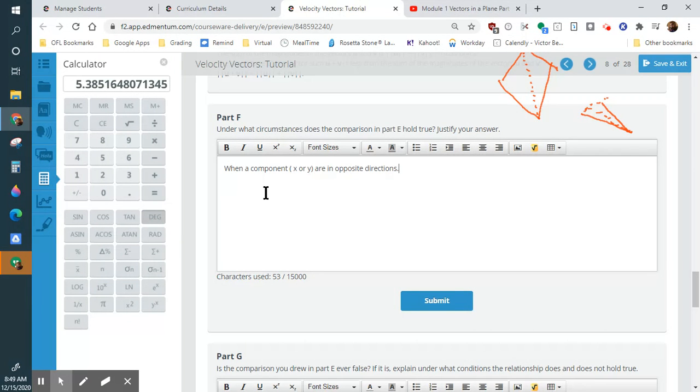The reason why this happens is that the absolute value will become smaller when adding. I'll show you what I mean by that in a second.